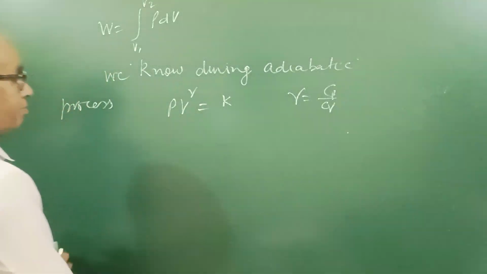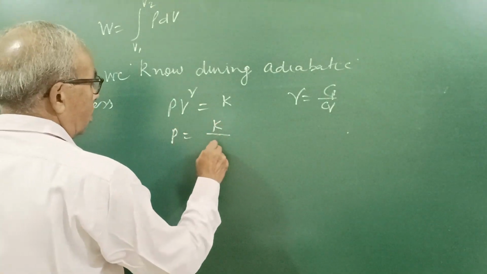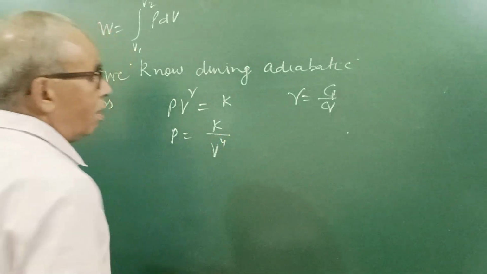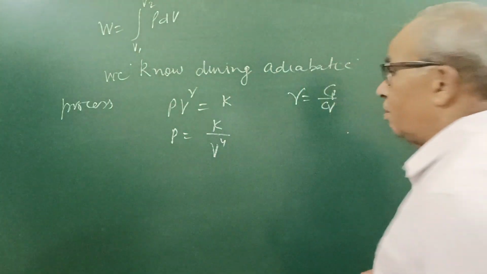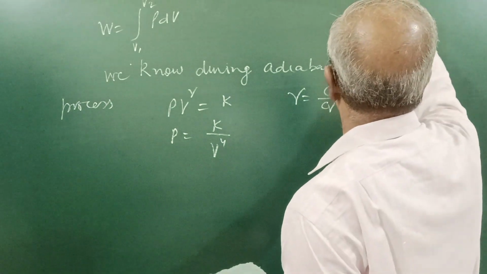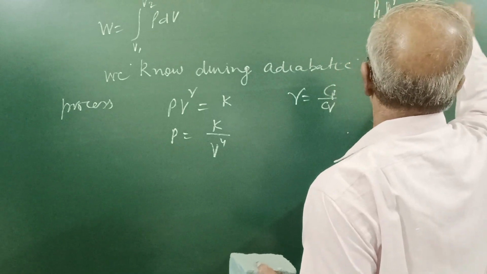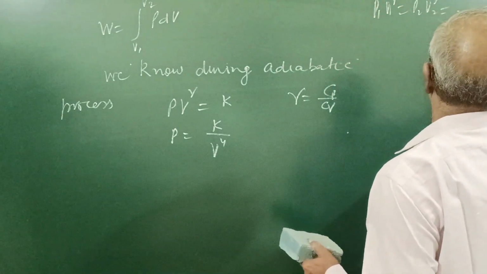Now from here P is equal to K upon V to the power gamma. My dear friend, I am reminding you that P1 V1 to the power gamma is equal to P2 V2 to the power gamma, and the product remains constant.